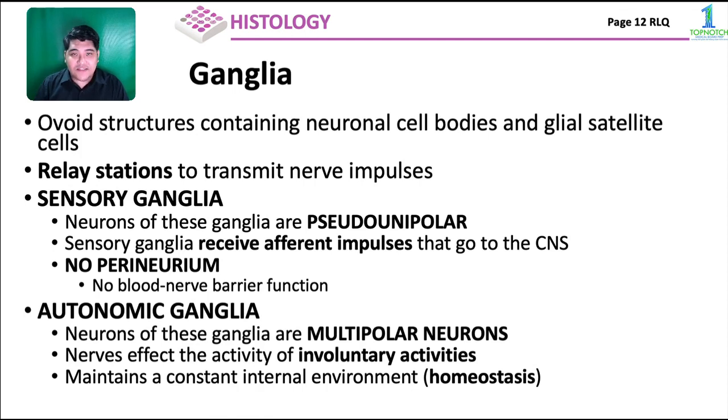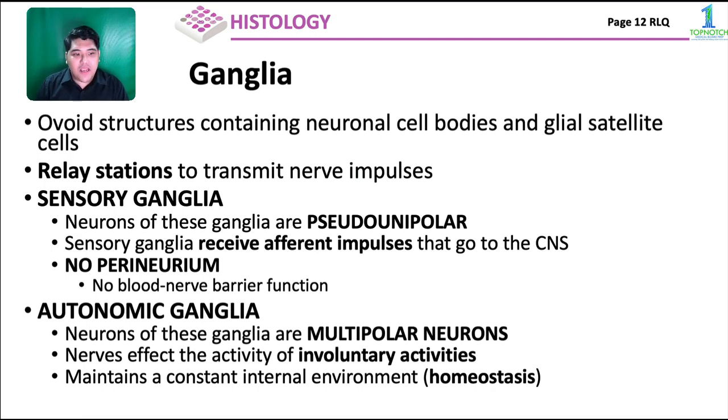Now, ganglia is just an ovoid structure containing, as I said earlier, neuronal cell bodies and glial satellite cells. They are the relay stations to transmit nerve impulses. We have different kinds of ganglia: sensory and autonomic ganglia. Your sensory ganglia are usually pseudo-unipolar. Since it is sensory, it receives afferent impulses that go to the CNS.